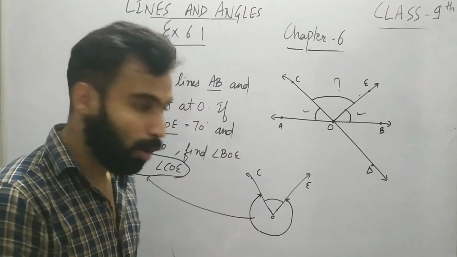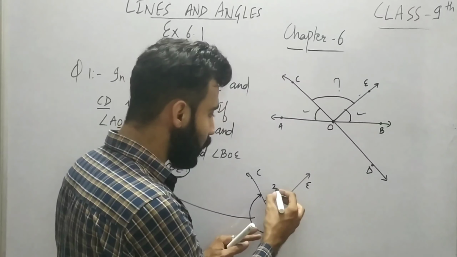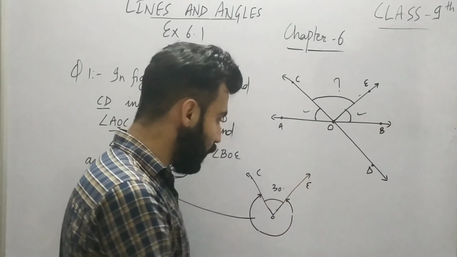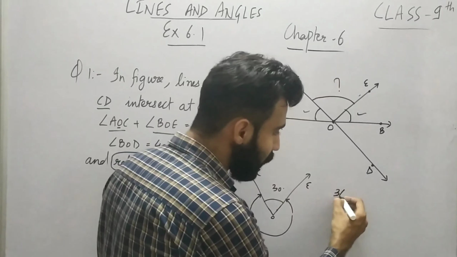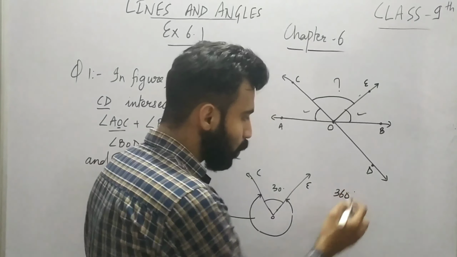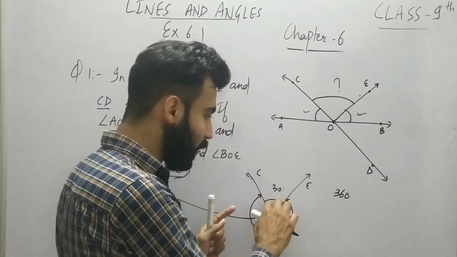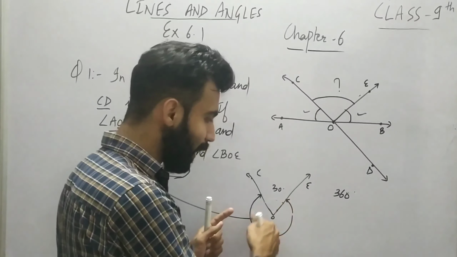Now how will we calculate it? For example, let me show you that if this is 30 degree, you know the complete circular angle is of 360 degree. So if I simply subtract 30 degree from the whole 360 degree, then I will get this reflex angle COE.